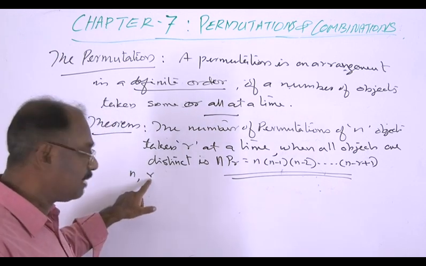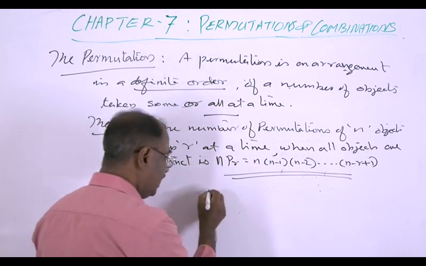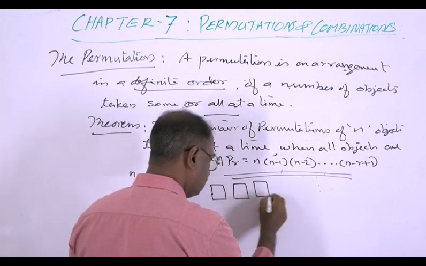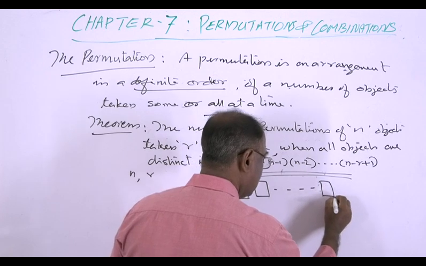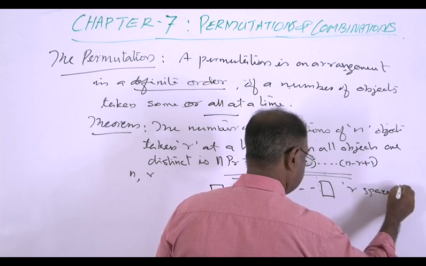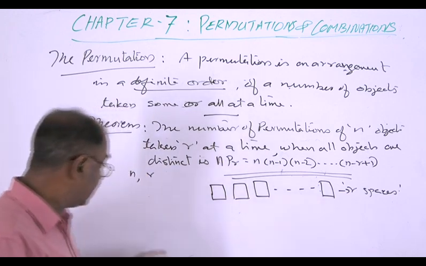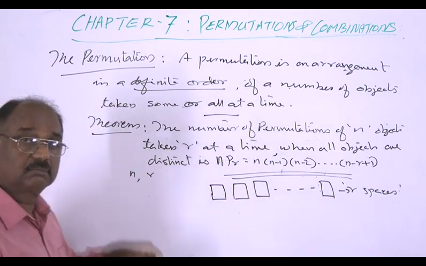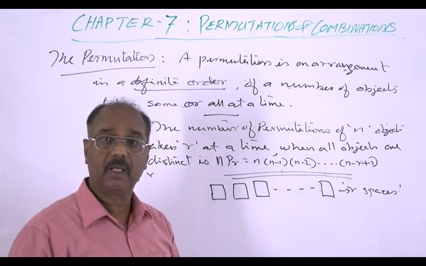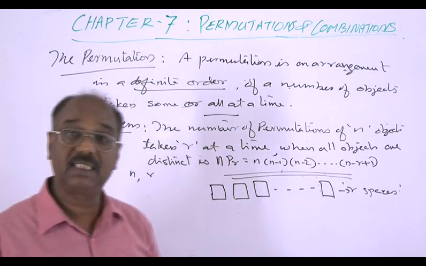To form distinct permutations is equivalent to filling r vacant spaces using these n objects in distinct, different ways.